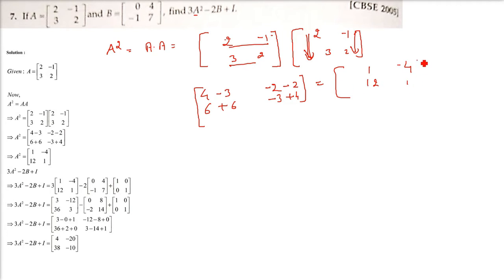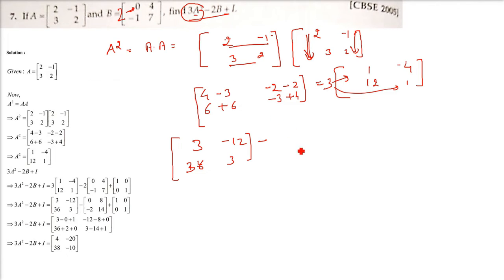Now you just have to put it here. We have to multiply it by 3 because it is 3A squared. Multiply it: 3 into 1 is 3, 3 into 12 is 36, 3 into -4 is -12, 3 into 1 is 3. And minus 2B: now multiply this matrix with 2.